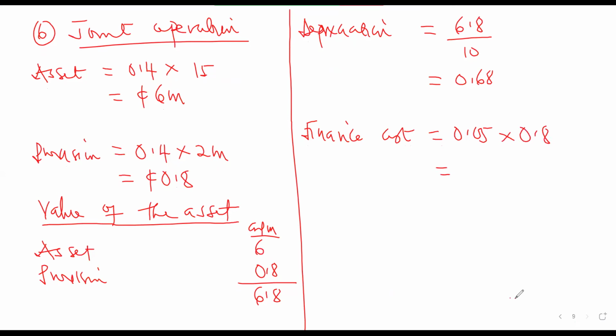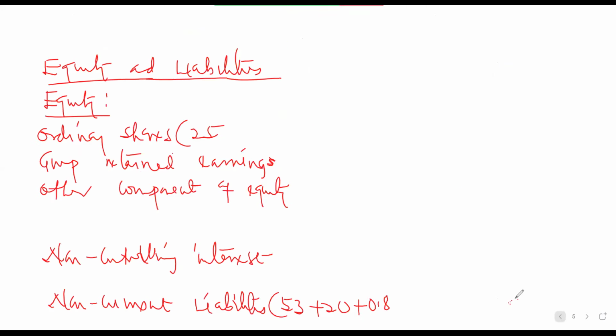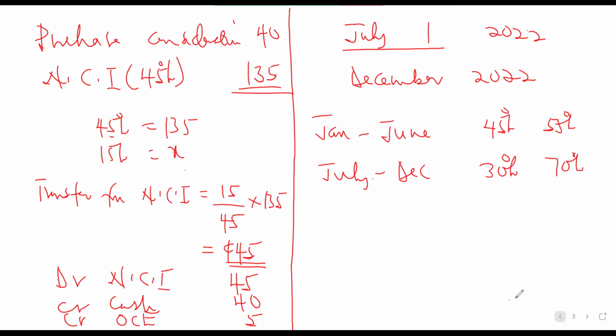What are we having as a finance cost? 0.04. Okay. So we now have 0.04. Depreciation will be subtracted from the assets, but the provision we are going to add 0.04. It will increase by the finance cost.